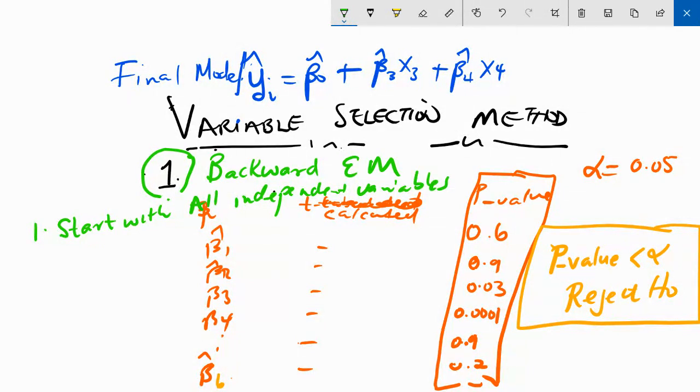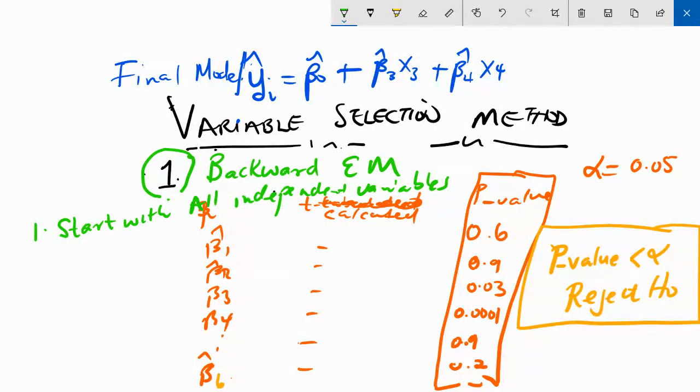This is step number one. When you run the problem, suppose we have 6 independent variables. The first step will have all the independent variables.